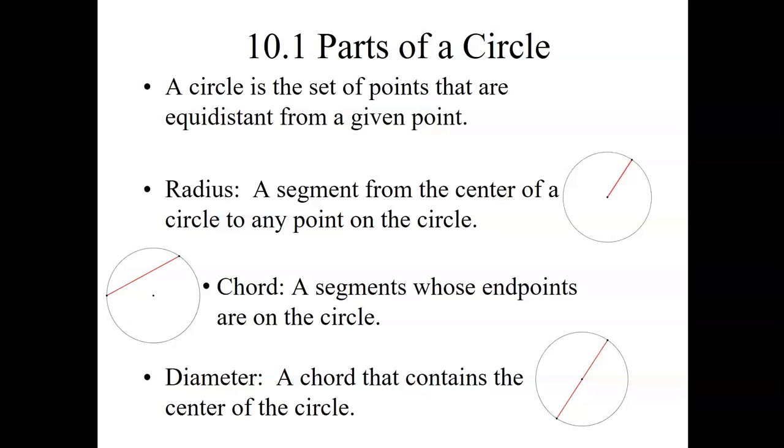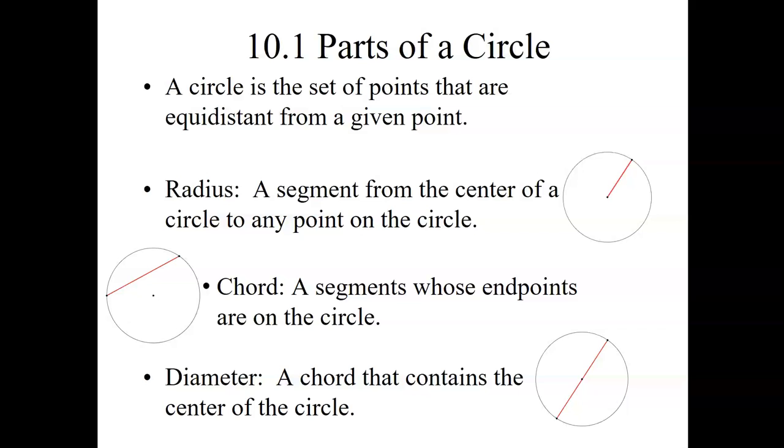And as you're naming these, the biggest thing, obviously make sure you know what they are, but also pay attention to the notation, the symbols that you use to represent them, because for some of these things, it makes a difference whether it's a segment versus a line. Big one being a chord versus a secant.